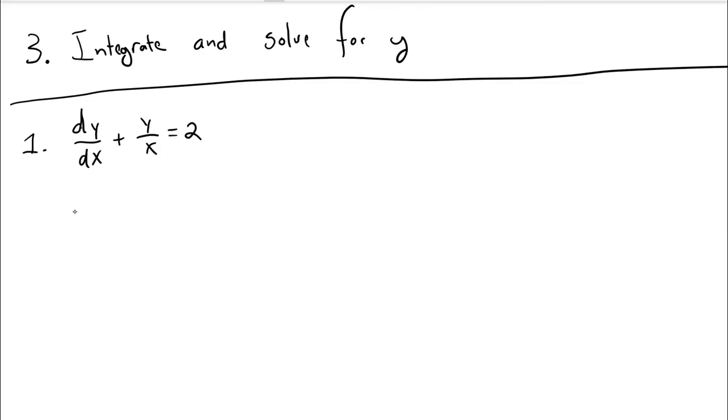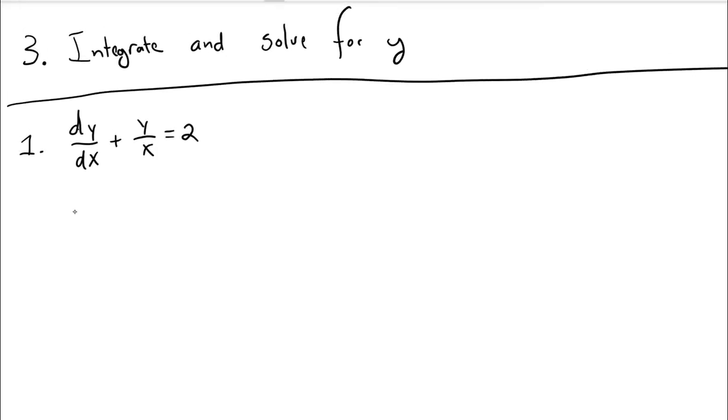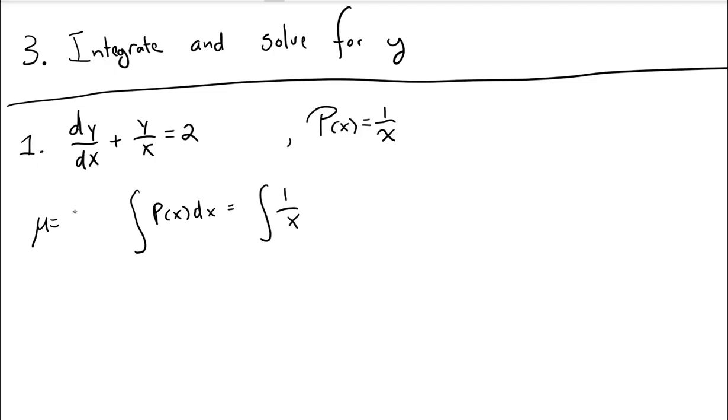There's no way to separate the terms of x's and y's, but we do realize that this is linear, and we know that p of x here, the function that's being multiplied by y, is equal to 1 over x. So if we want to solve for mu, then we will first take the integral of p of x dx, and that will equal the integral of 1 over x dx, which is equal to ln of the absolute value of x.